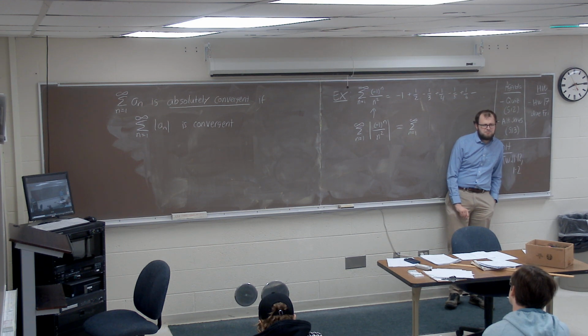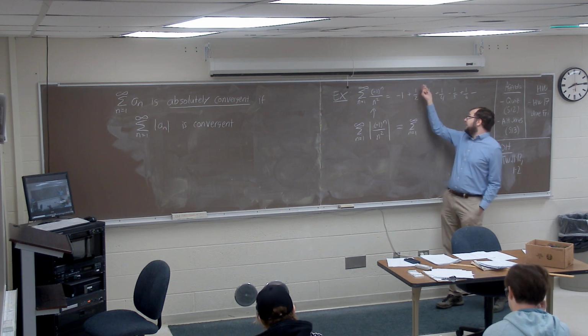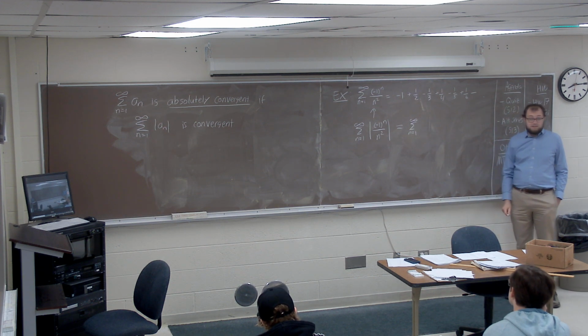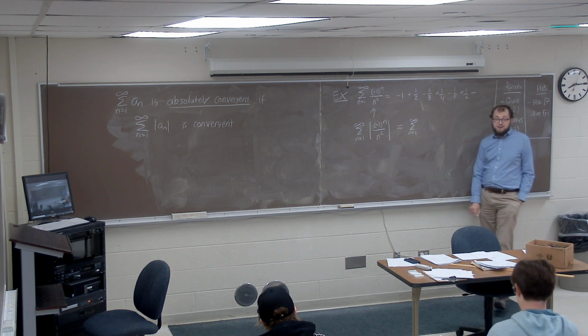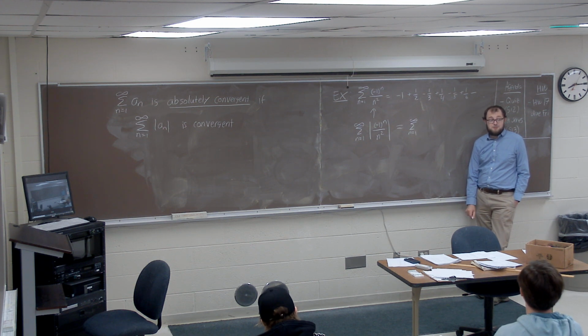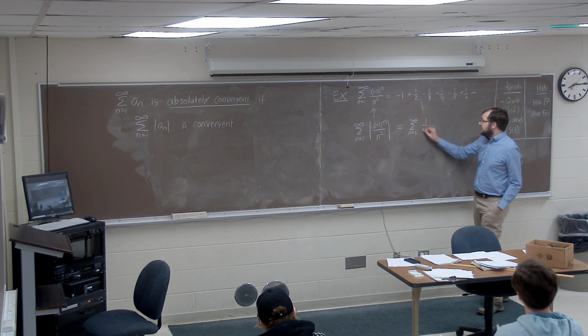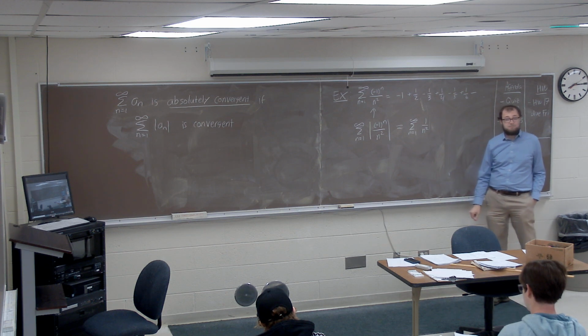Jonathan? Will it be like the numbers on the top except all positive? Yeah, all of our negatives become positive. So in other words, negative 1 to the n over n squared. This is going to simplify to 1 over n squared.